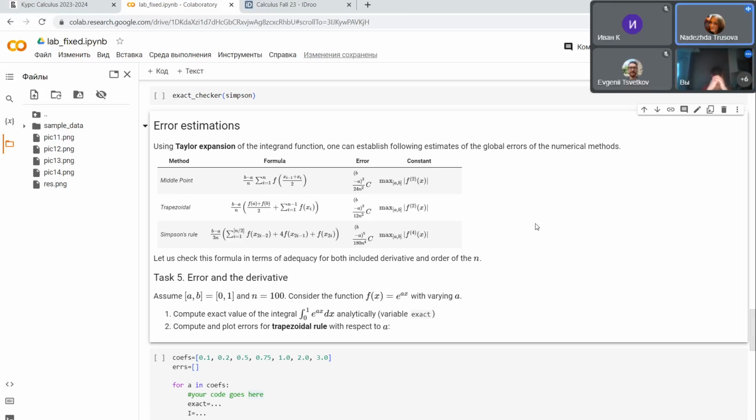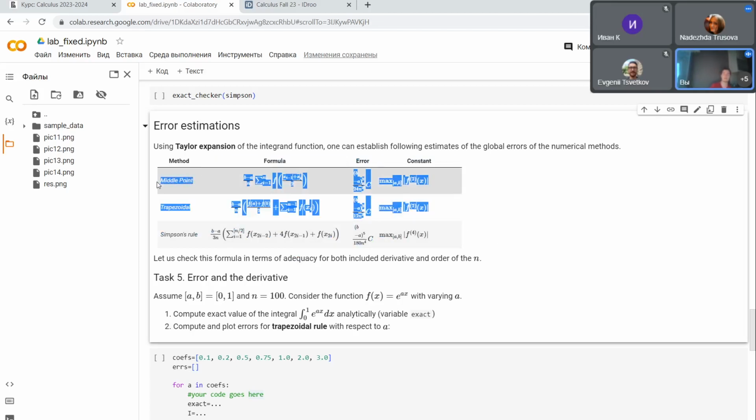For example, maybe you have a function that has two or three derivatives, but doesn't have four derivatives. So this rule will not be applicable to such a function, but these rules will be applicable.